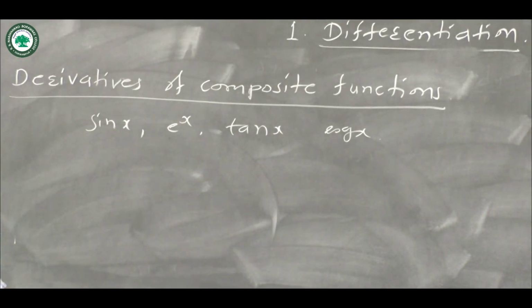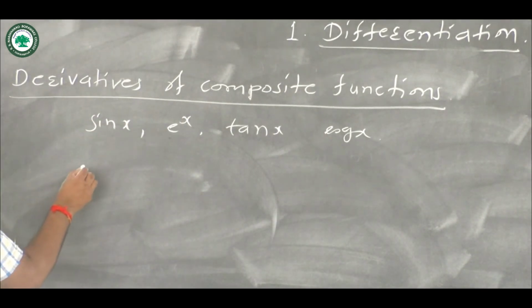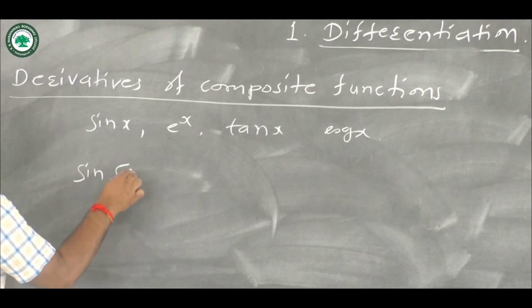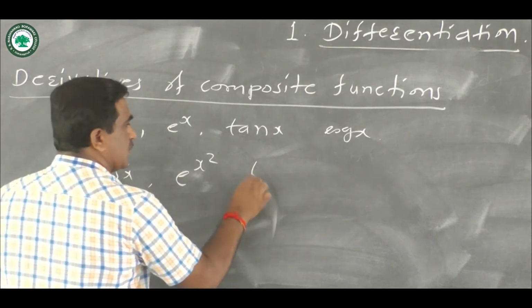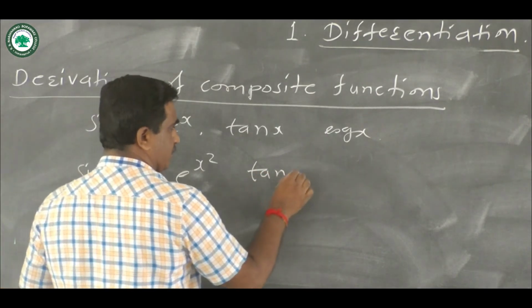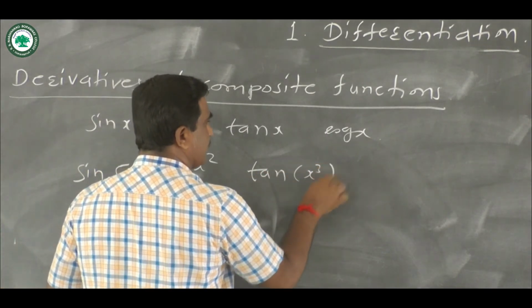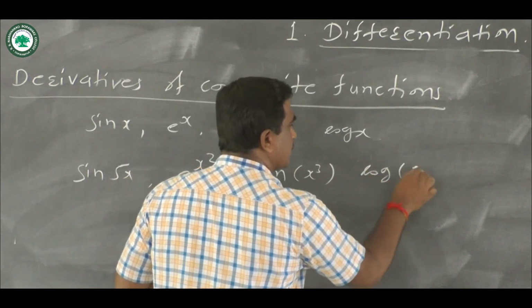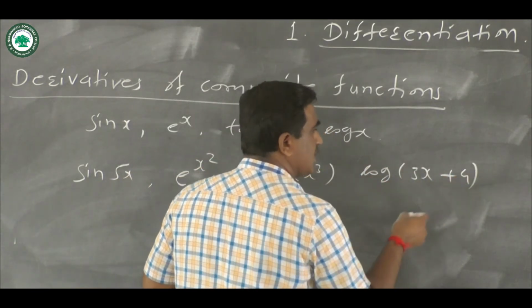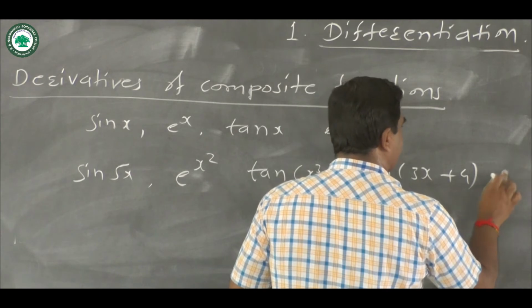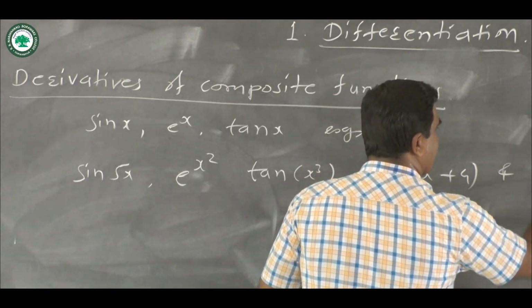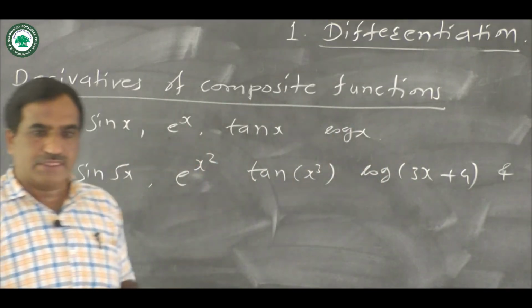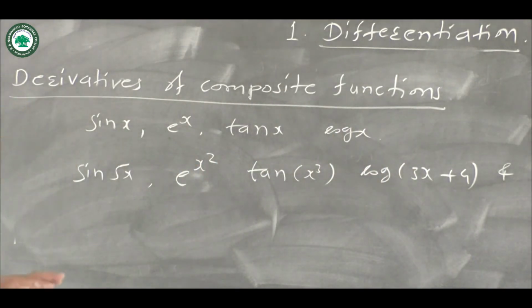But if we write these functions like this: sine of root x, e raised to x square, tan of x raised to 3, log of 3x plus 4, and a raised to 5x, all these are composite functions.